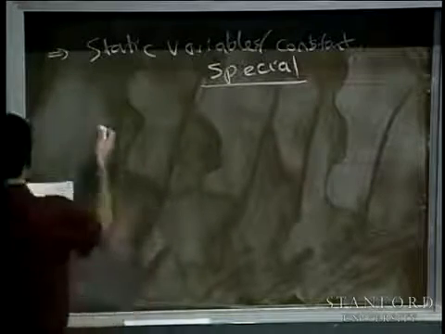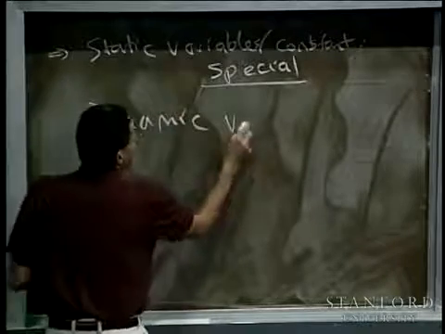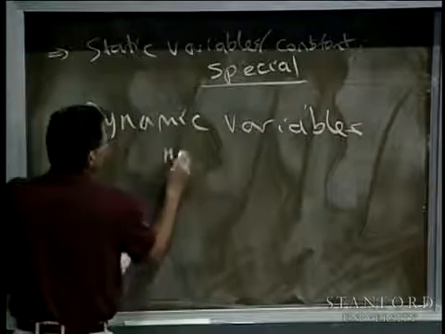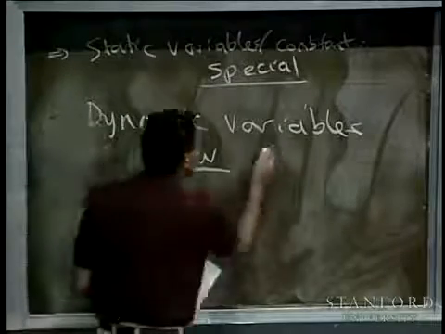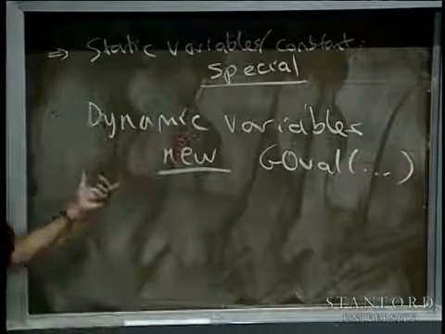Okay? So we can have dynamic variables. And what are dynamic variables? Dynamic variables are just any variable that you use new on. So when you say new some object, like new GOval, and you pass it some parameters, that's a dynamic variable.